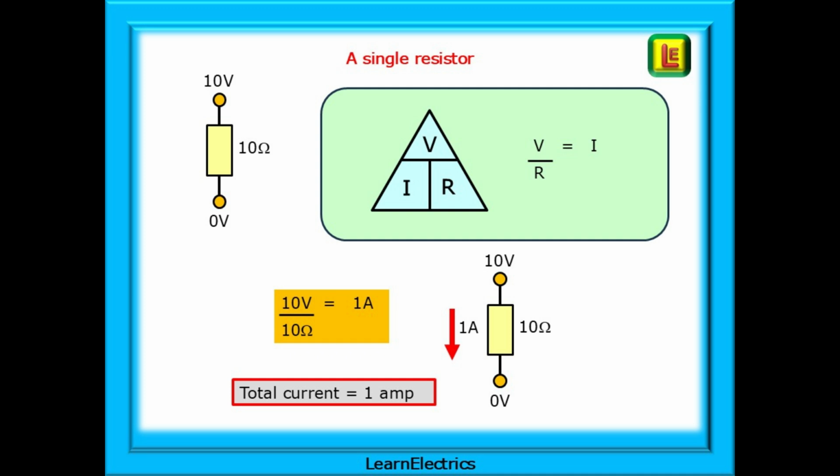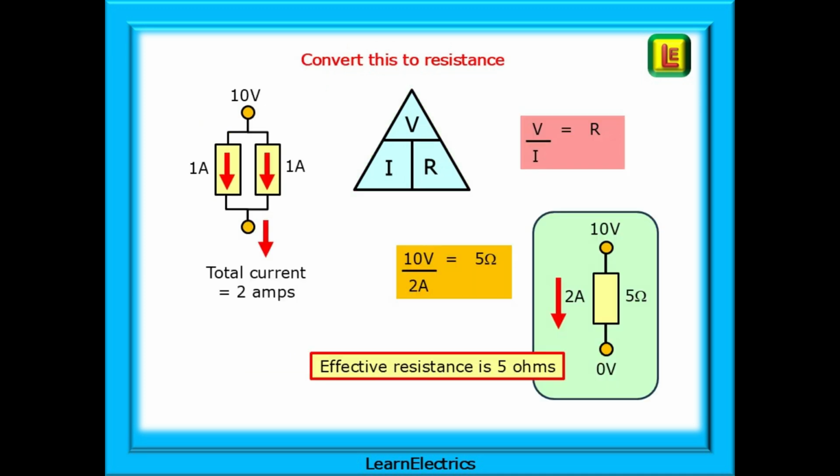Looking at a single resistor, here is a very easy example of Ohm's law. 10 volts is across a 10 ohm resistance. What is the current flowing? The answer is that 10 volts divided by 10 ohms is 1 amp. What if we have 2 10 ohm resistors in parallel with 1 amp flowing through each, a total of 2 amps of current?